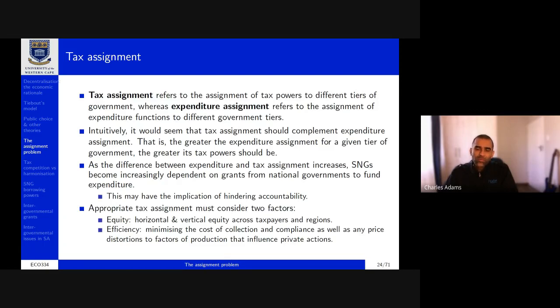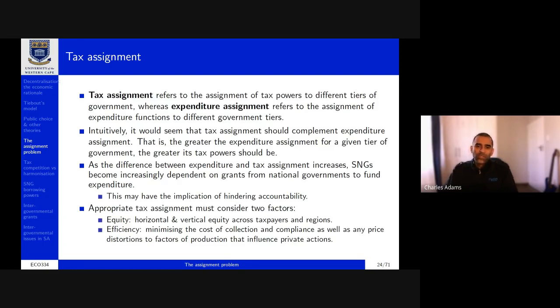Intuitively, it would seem that tax assignment should complement expenditure assignment, right? So we imagine that expenditure undertaken in the Western Cape should follow from the tax that is generated in the Western Cape, right? But that's not necessarily the case. So we imagine that the greater the expenditure assignment for a given tier of government, the greater the tax power should be.